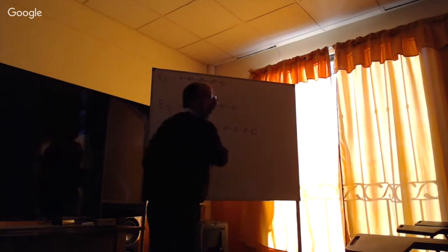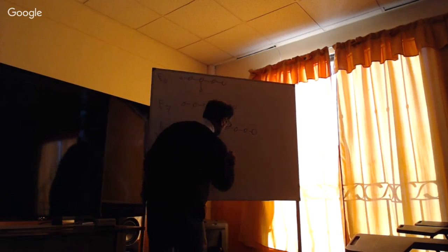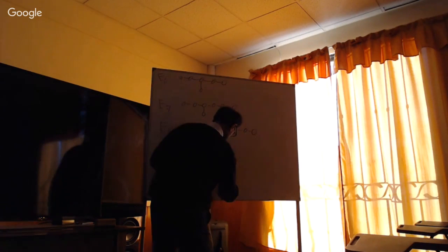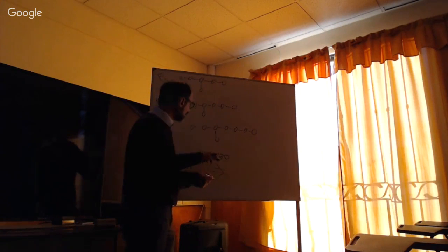The vertices are called roots. This is called long, and this is short. This inequality, this is longer than this.